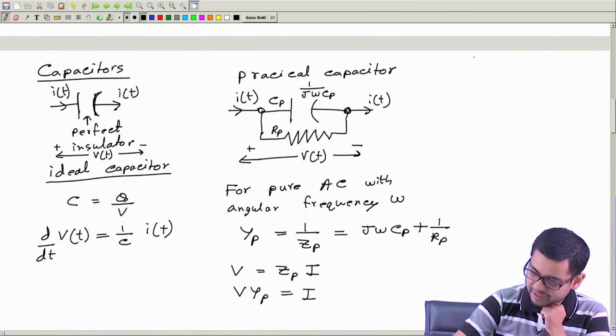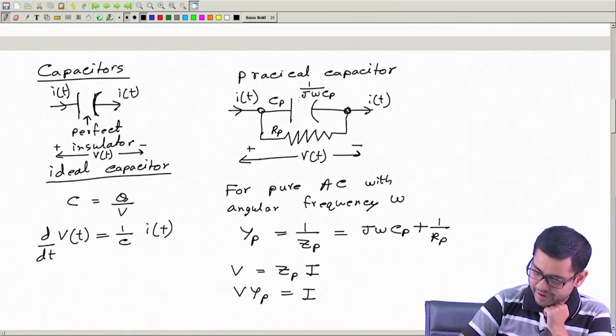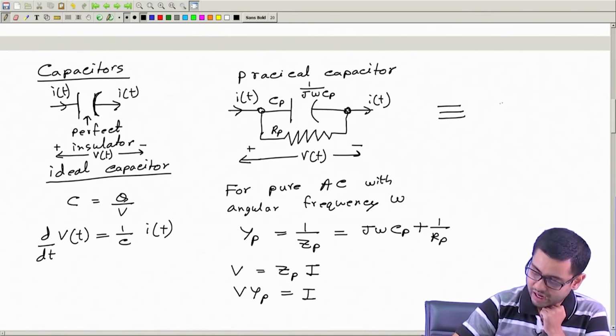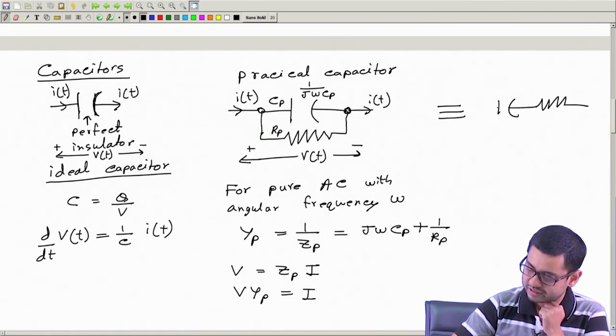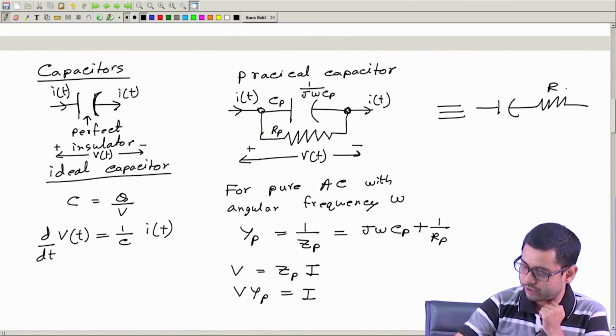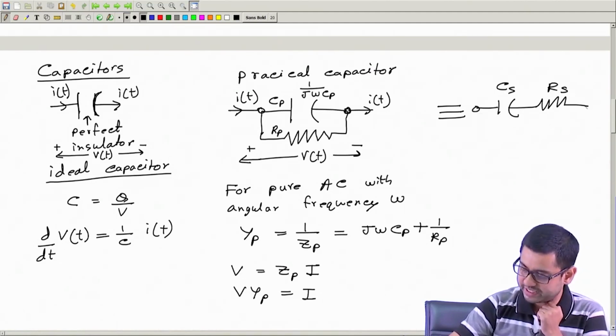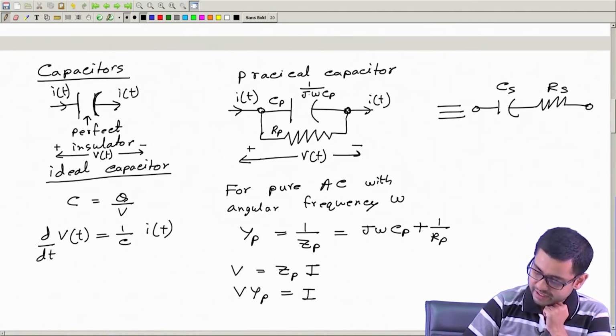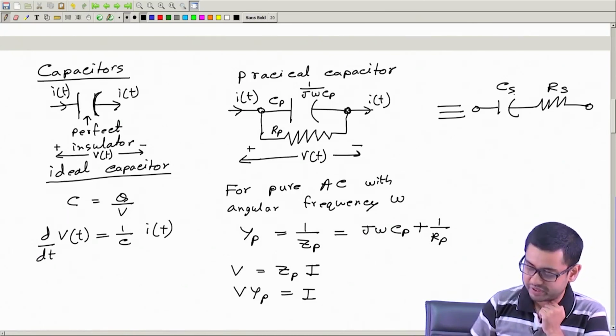Now, I am claiming that any such practical parallel combination of capacitor and resistor is always equivalent to a capacitor in series with a resistor, where I will denote the values as Rs and Cs respectively, S for series. So, my claim is that any such parallel combination is always equivalent to a series combination.